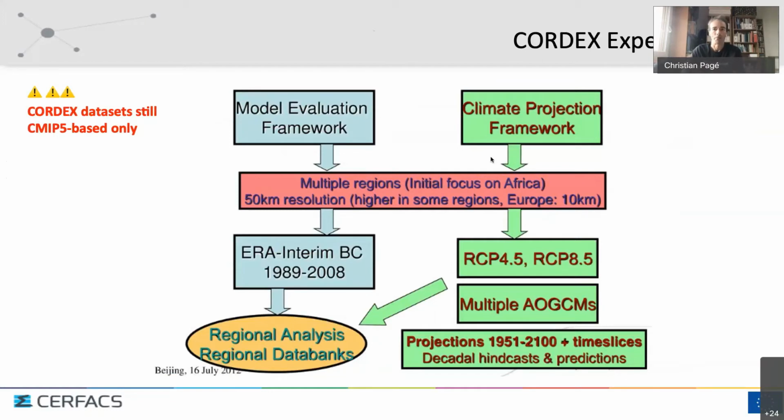We run those over multiple regions. The initial focus was on Africa, but we now have regions all over the world. It's mainly 50 kilometer resolution, but we have higher resolution in some regions. For example, over Europe, we have 10 kilometer regional simulations.